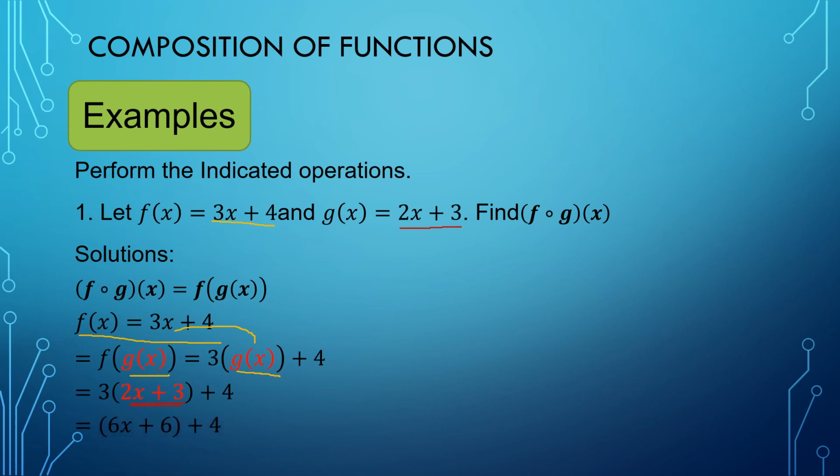Multiply 3 times 2x, that is 6x. 3 times 3, sorry, this should be 9. So the answer will be 6x plus 13.